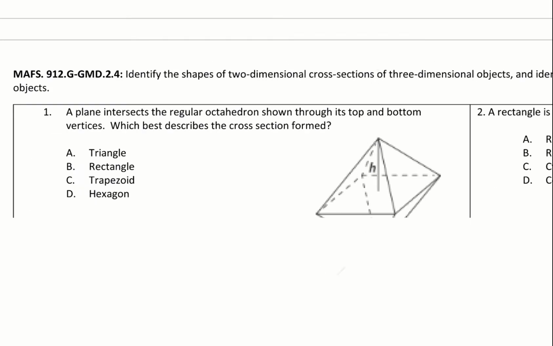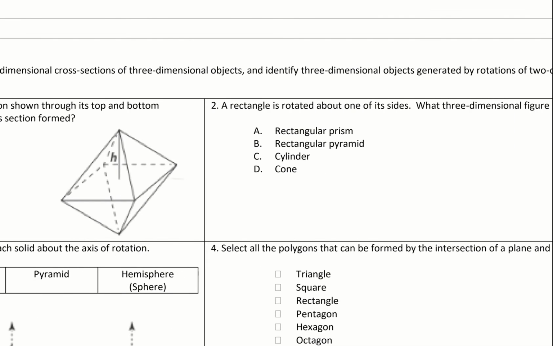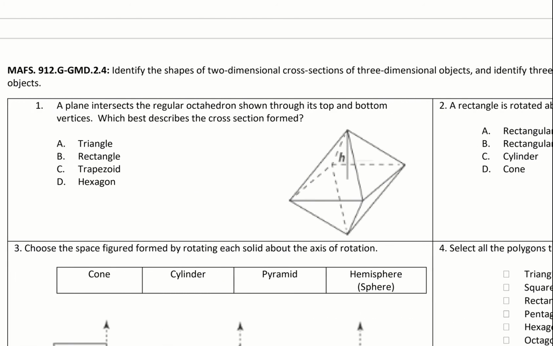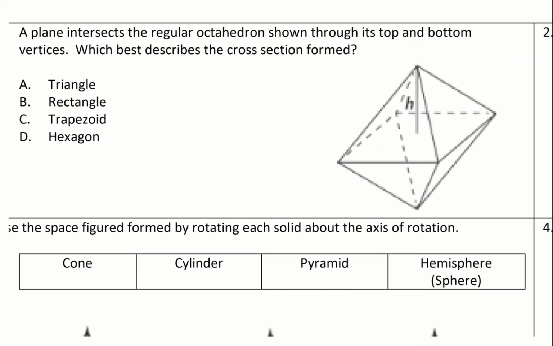Okay, so next standard, identify the shapes of 2-dimensional cross-sections of 3-dimensional objects generated by rotations of 2-dimensional objects. So for number 1, a plane intersects the regular octahedron shown through its top and bottom vertices, which best describes a cross-section formed.